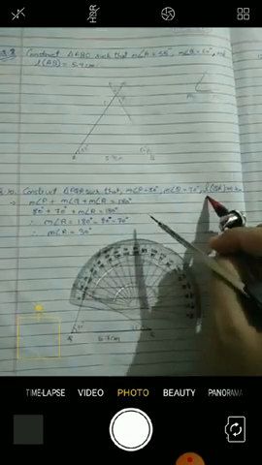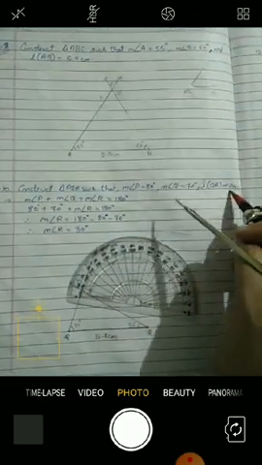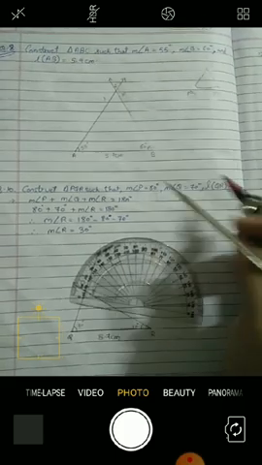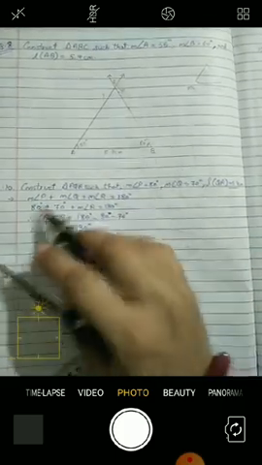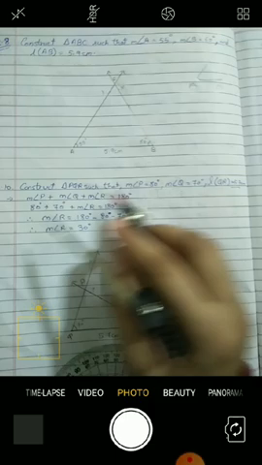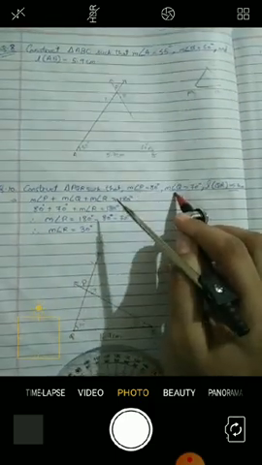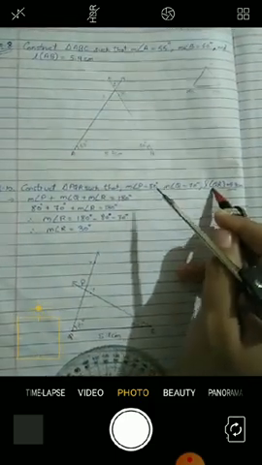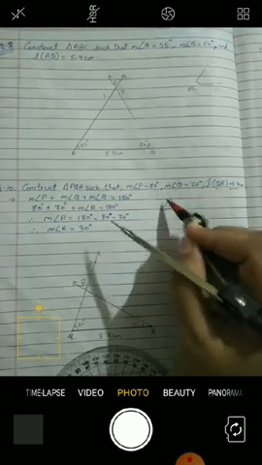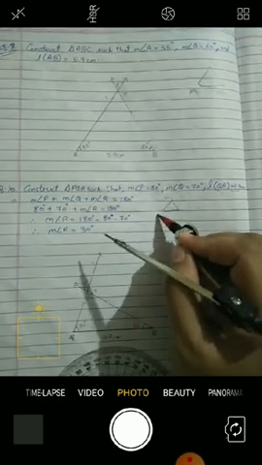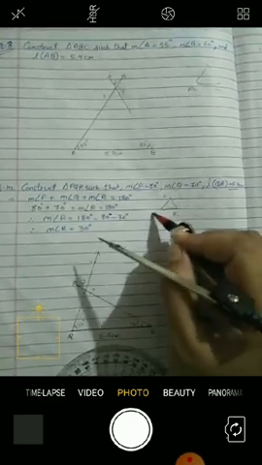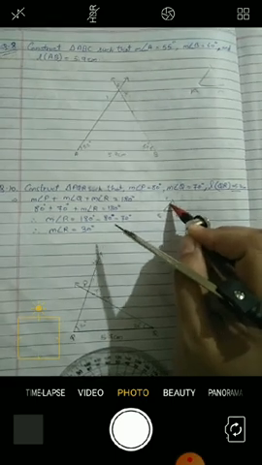Okay. In the same way, question number 10, construct triangle PQR such that angle P is 80 degree, Q 70 degree. Length QR is 5.7 centimeter. So measure angle P plus Q plus R. We want R also. So we know P is 80 degree.